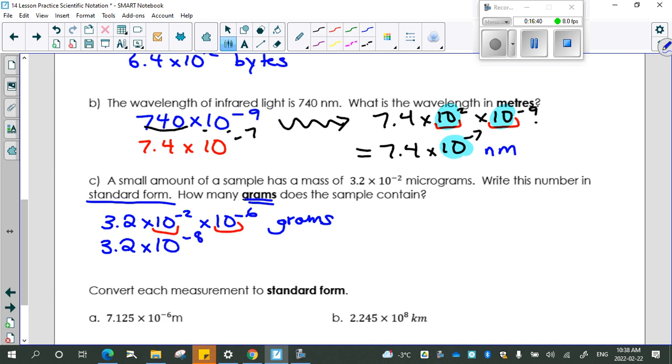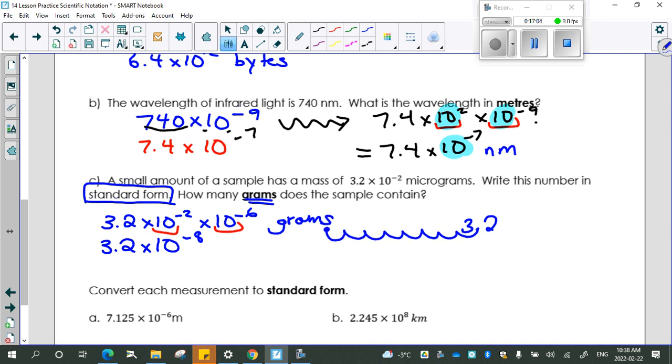But now I've got to write that in standard form, which means as a decimal. So I start off with 3.2, and then I'm going to move the decimal point to the left 8 places. 1, 2, 3, 4, 5, 6, 7, 8.